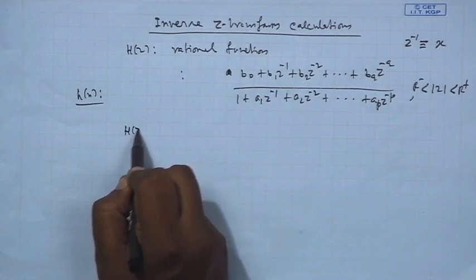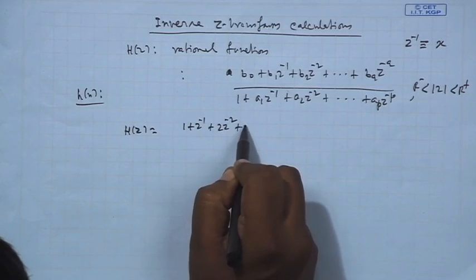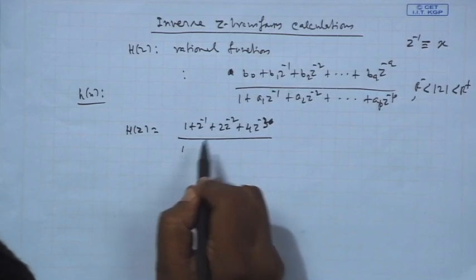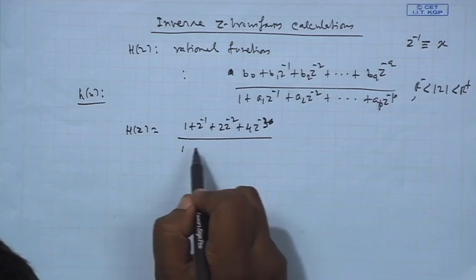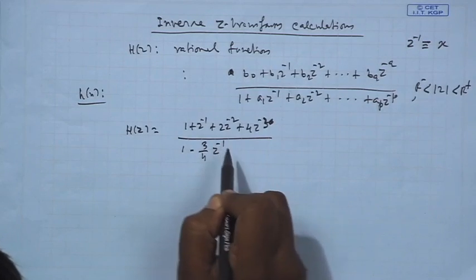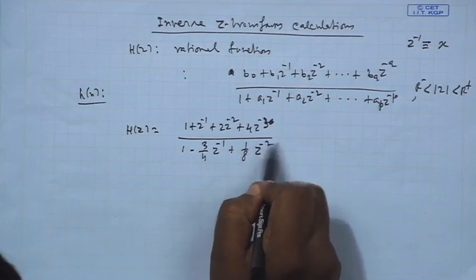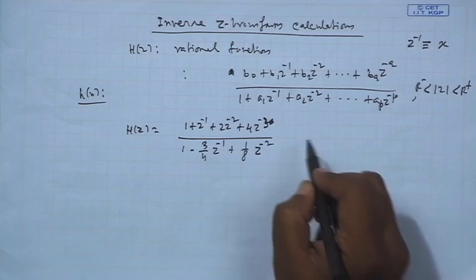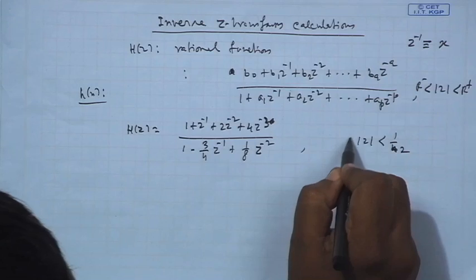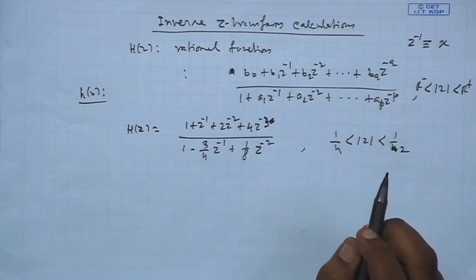Suppose H(Z) is given as 1 plus Z inverse plus 2 Z inverse 2 plus say 4 Z inverse 3, and it is given ROC, an outer circle of radius half, inner circle of radius 1 by 4.